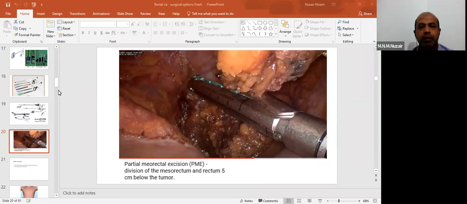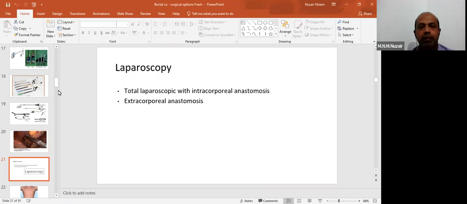So rectal surgeries can be done either open, laparoscopic, or by robotic methods. In laparoscopy, we can do the total laparoscopic anastomosis with intracorporeal anastomosis, where we perform even the anastomosis inside the peritoneal cavity.